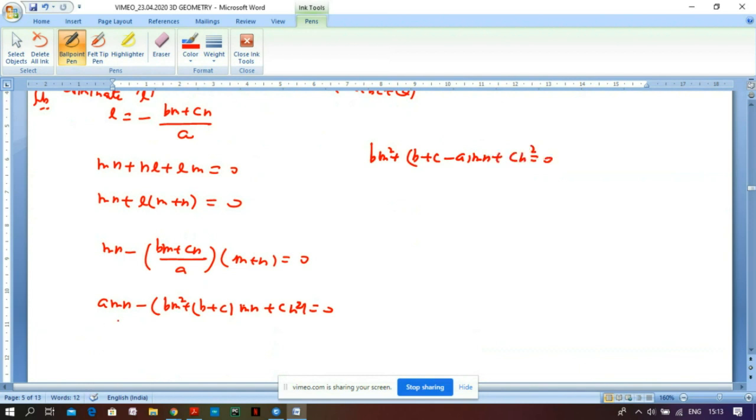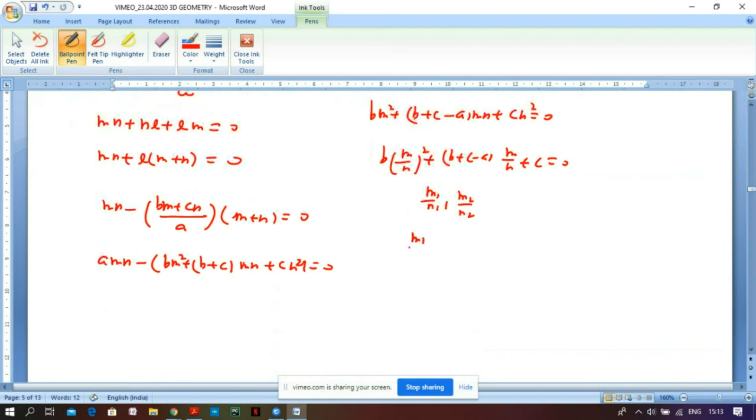Now, if I again divide by n squared, I'll get B as before, B times m over n whole squared plus B plus C minus A times m over n plus C equal to 0. And if m1 by n1 and m2 by n2 are the roots, I can write m1 by n1, same steps as before, m2 by n2 product.